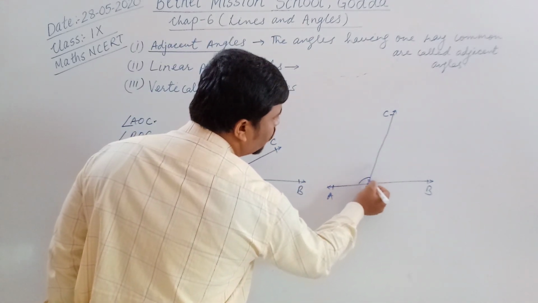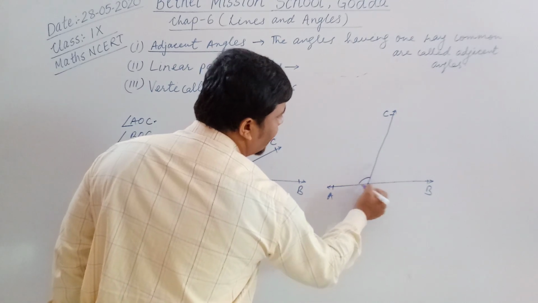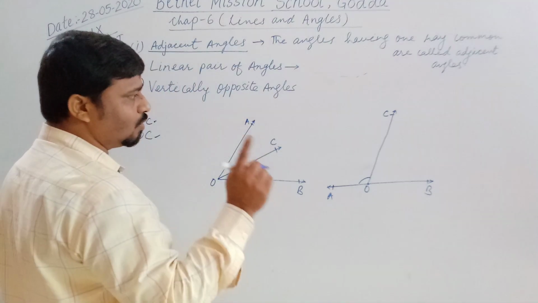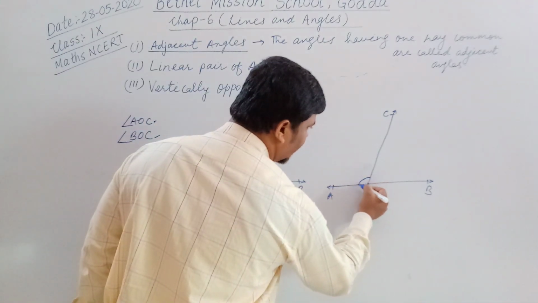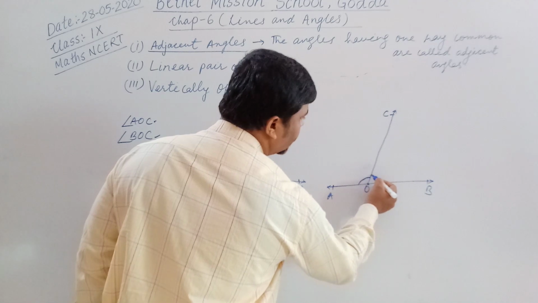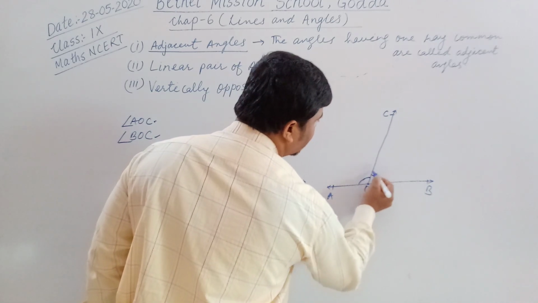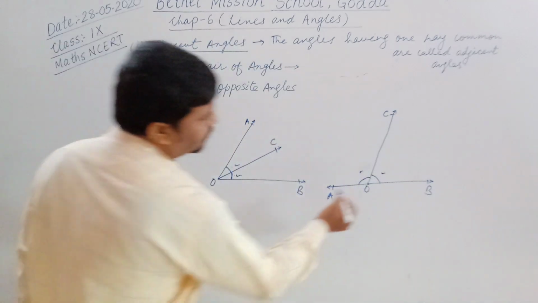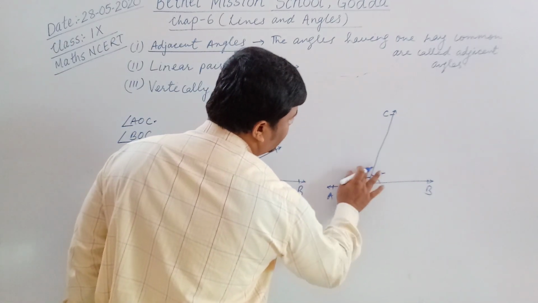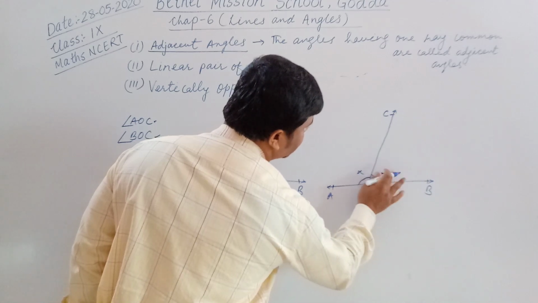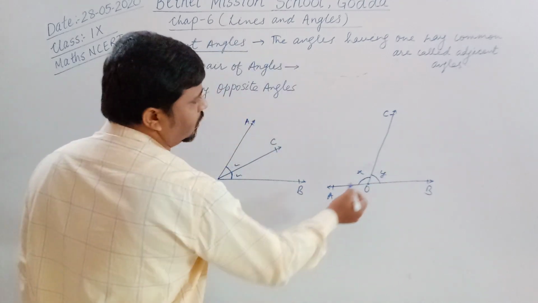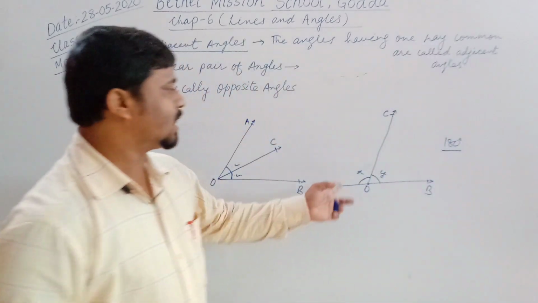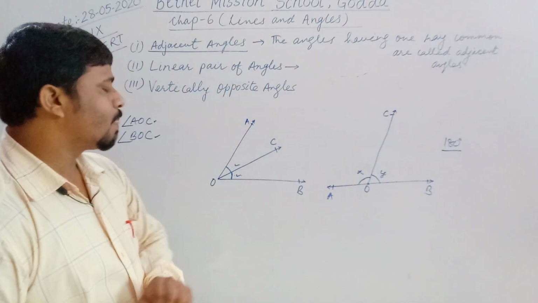On one side of the straight line there is a 180 degree angle, and that 180 degree is divided into two parts. We can suppose X and Y, means this 180 degree is divided into two parts, X degree and Y degree.